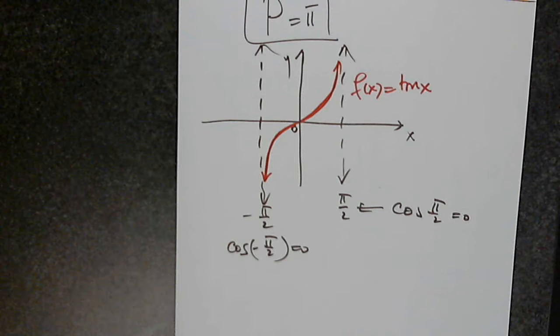Okay, let's look at a few examples on page 589. Determine the amplitude of each function, then graph the function. I'm happy if you just determine the amplitude.